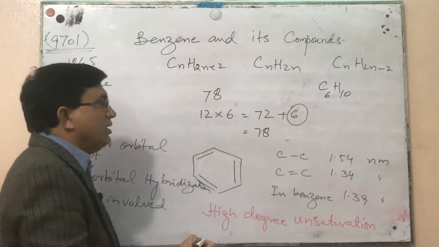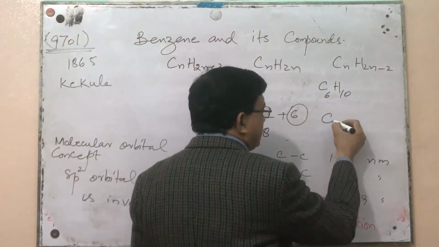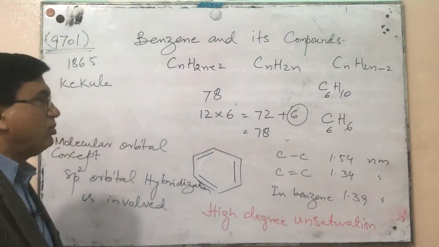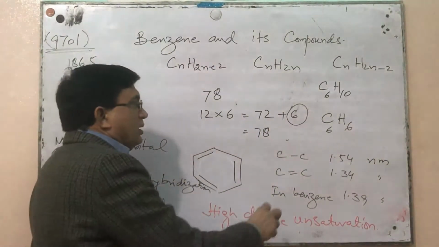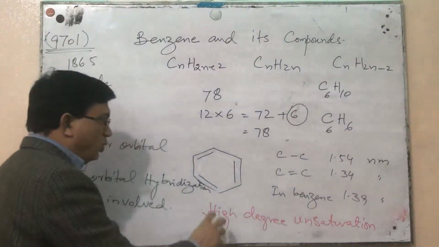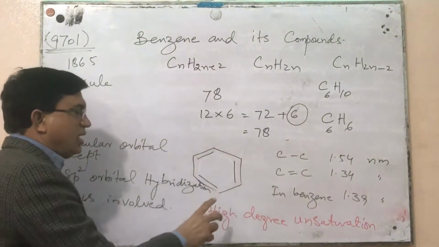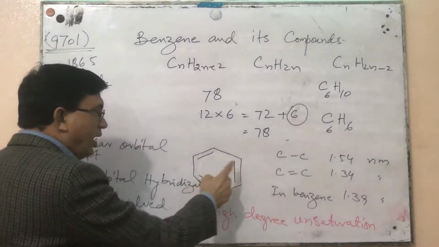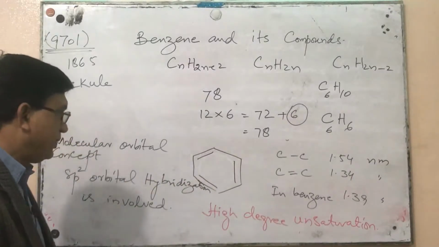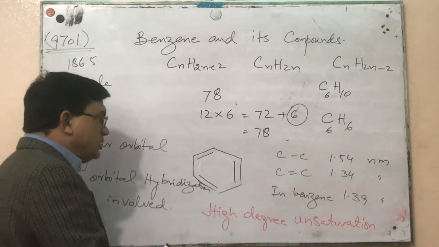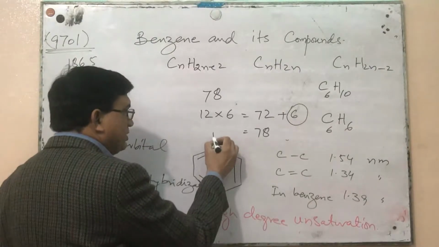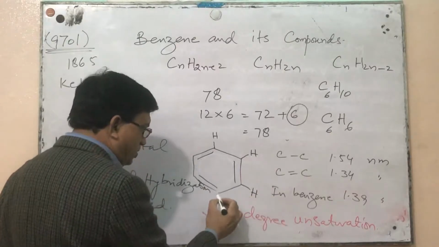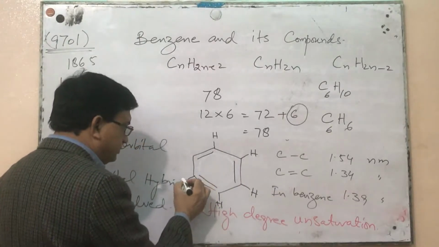It means that the formula of benzene is C6H6. This formula is possible only when benzene has a cyclic structure with a 6-carbon-atom ring having alternate single and double bonds. Then each carbon atom's valency will be satisfied and each carbon atom will have only one hydrogen with it.